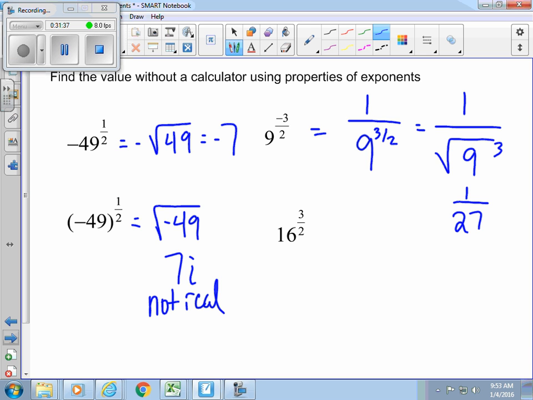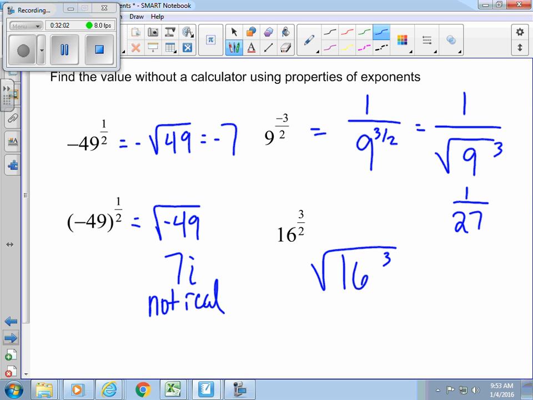16 to the 3 halves, how could I rewrite that? Square root of 16 cubed. Again, I can apply those in either order. I can do the square root first or the cube first. So, what's the square root of 16? 4. 16 times 4.